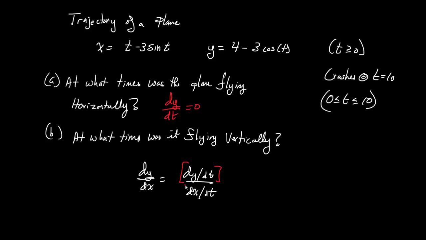The same idea goes for flying vertically when the denominator is equal to 0, but we have to make sure that these two do not simultaneously equal 0. So hopefully that's nothing that's too bad. This was the first example that we did in our series of videos.